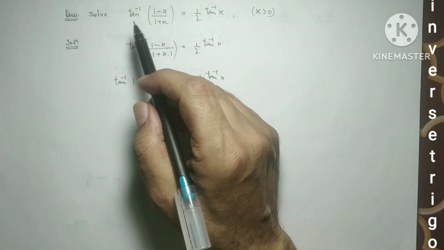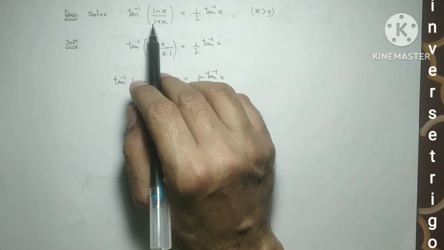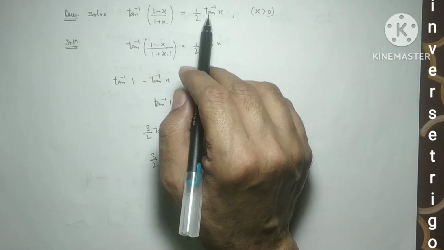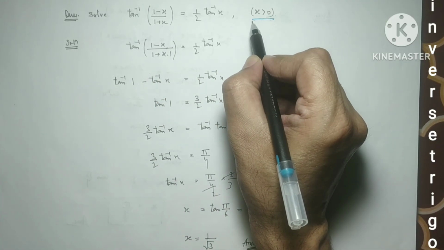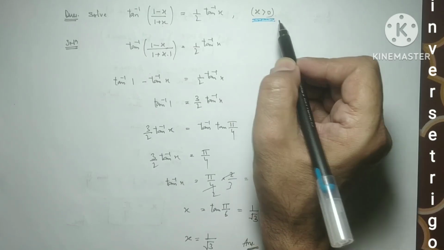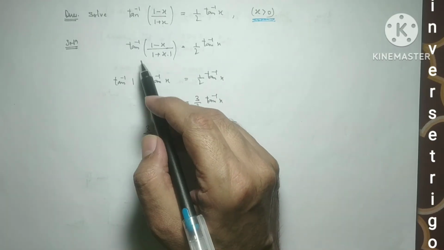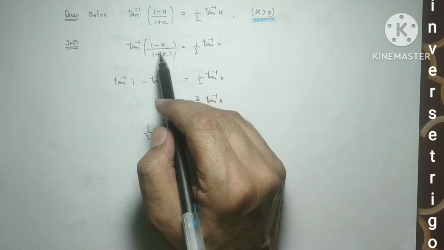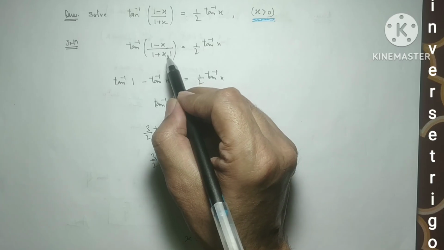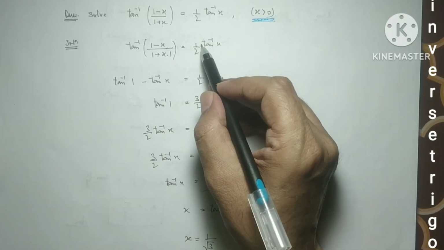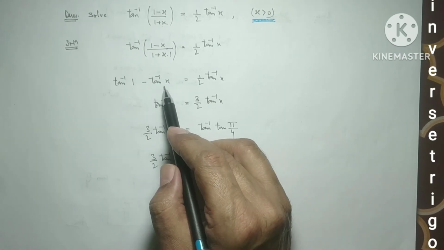Now the next question, solve tan inverse of (1 minus x over 1 plus x) equals to half tan inverse x, and we follow this condition, the value of x should be positive or greater than 0. So this is tan inverse of (1 minus x over 1 plus x), and we take 1 with multiplication with x, and this is half tan inverse x. So it is tan inverse 1 minus tan inverse x.